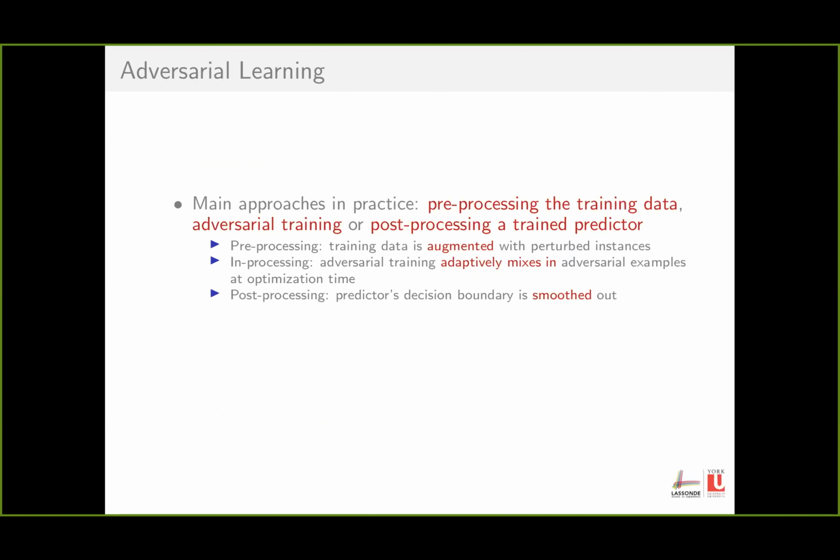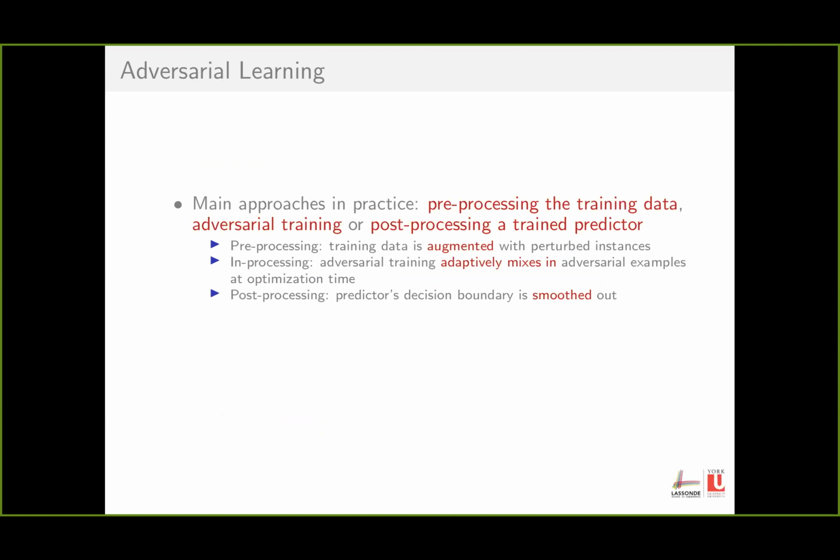On the practical side, there are different approaches. In pre-processing approaches, the data is often augmented: adversarial examples are added at training time, with the aim that the learned predictor will already get those perturbations correct.